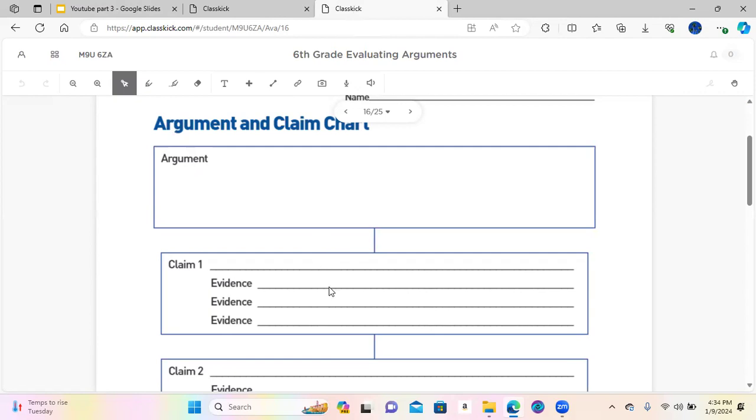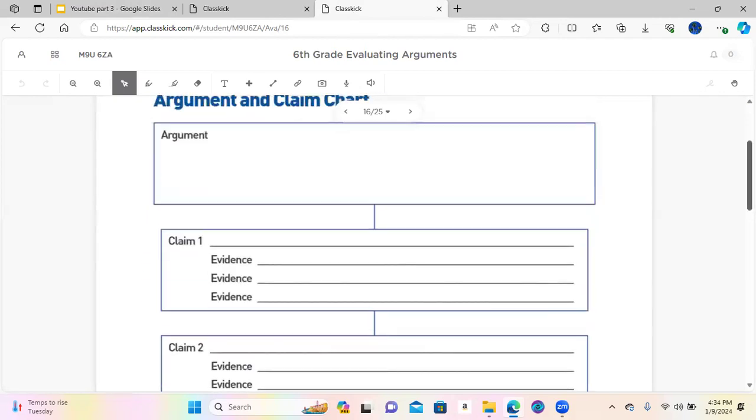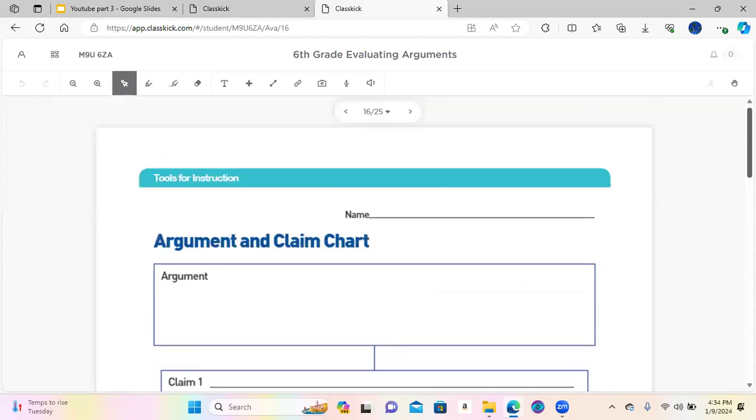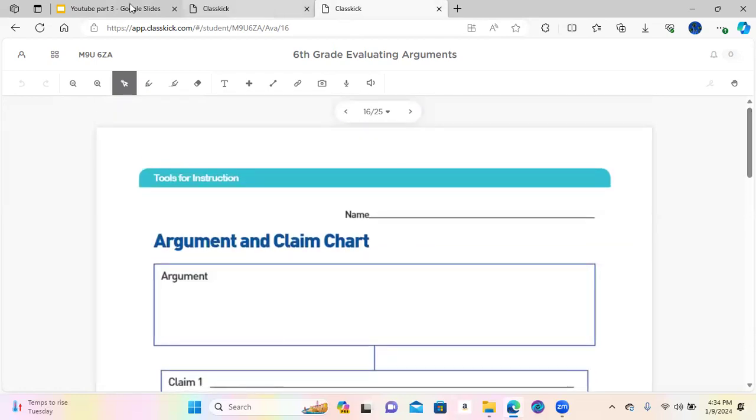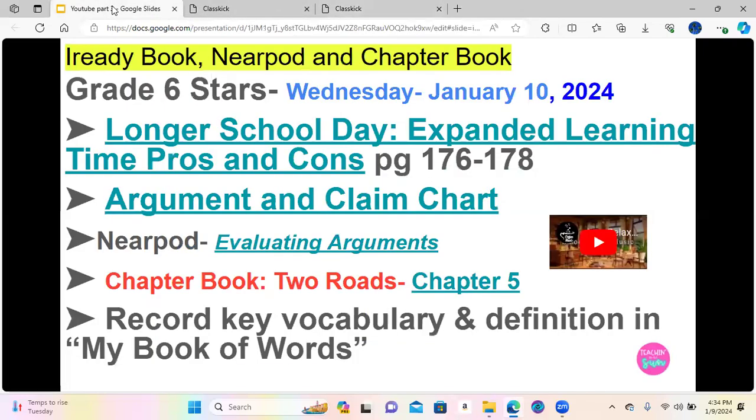And then you can provide me with 3 evidences to support your claim. If you are against ELT, you're also going to provide the 3 evidences. Okay?